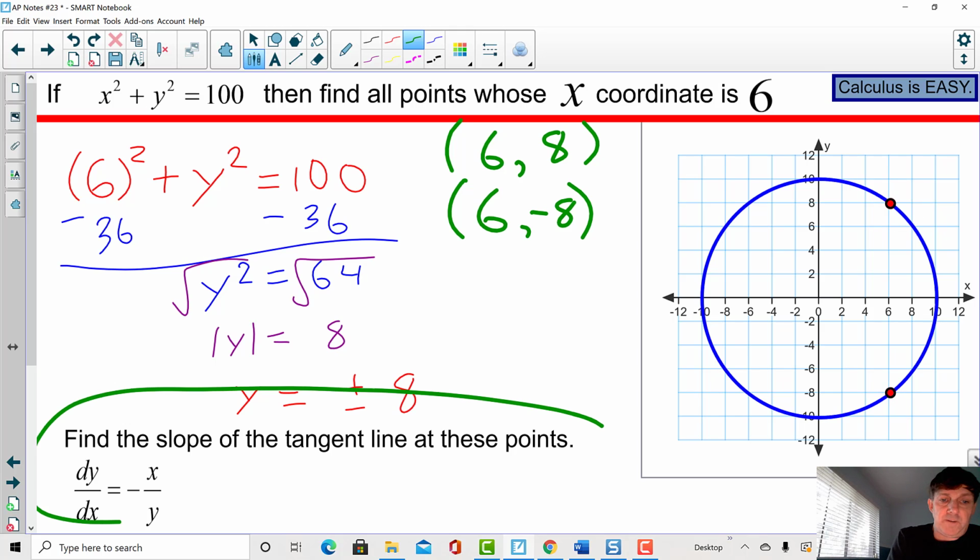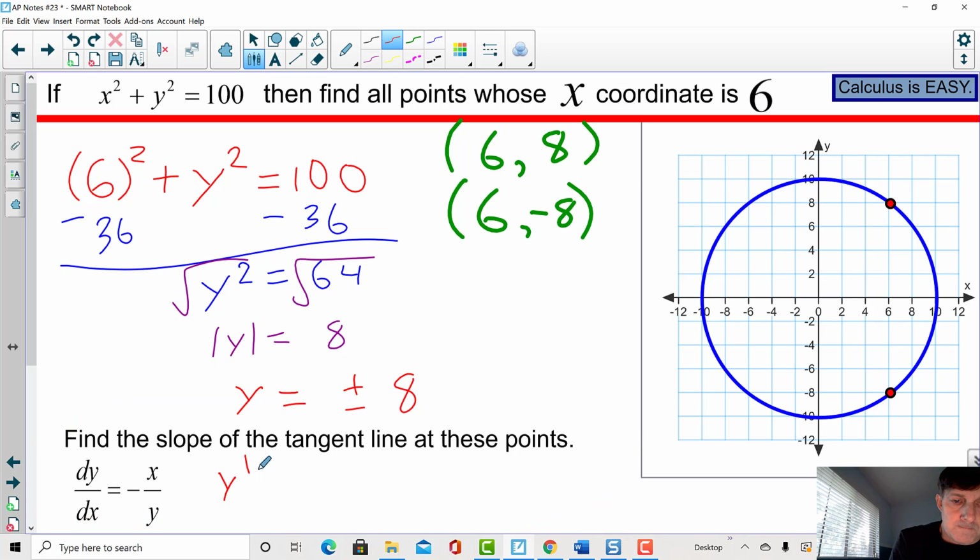Now down here, it wants us to find the slope of the tangent line at these points. So that part will be calculus. We'll plug in 6, 8 first. So when x is 6 and y is 8, the slope is negative 3/4.